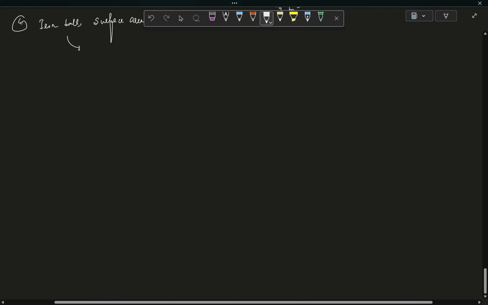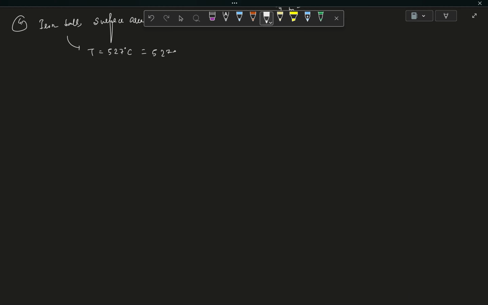And the temperature of the iron ball T is equal to 527 degrees centigrade, which is 527 plus 273.